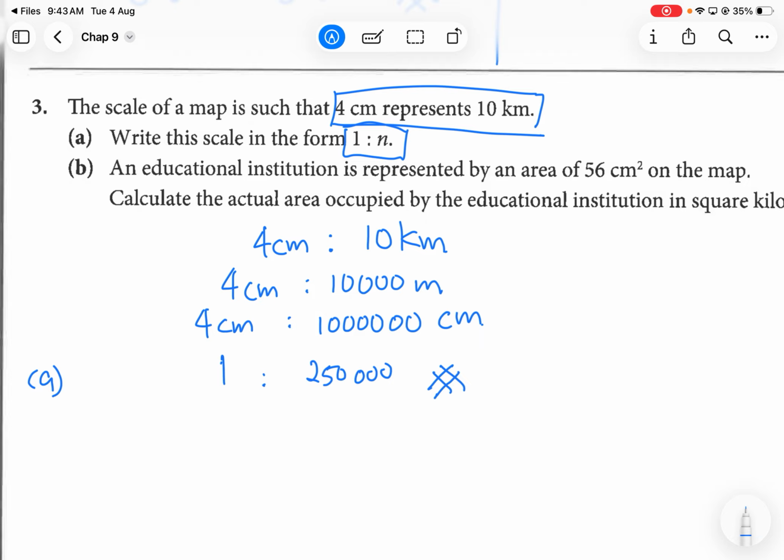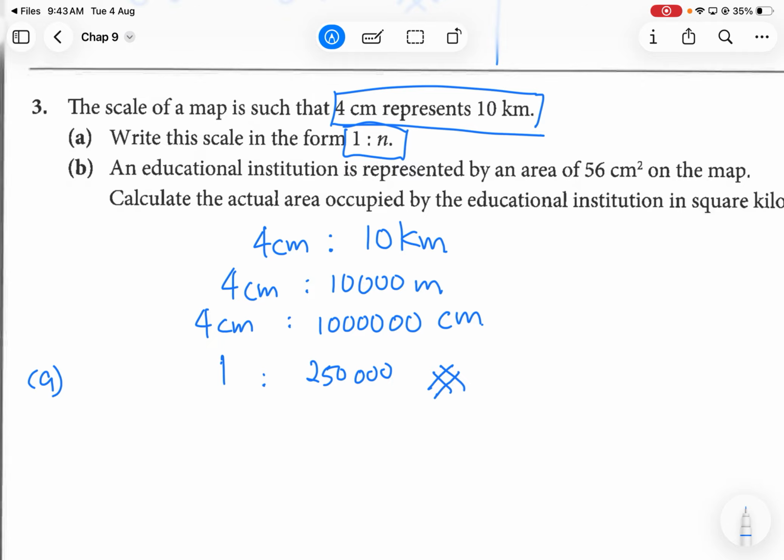But now what is the area? 10 times 10. 100 cm squared. So their corresponding area is now 1 is to 100.